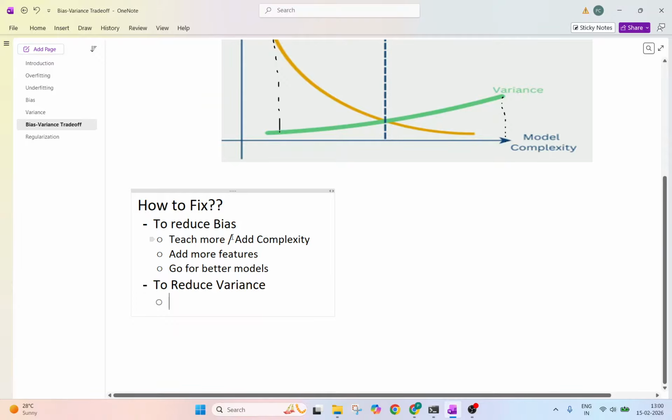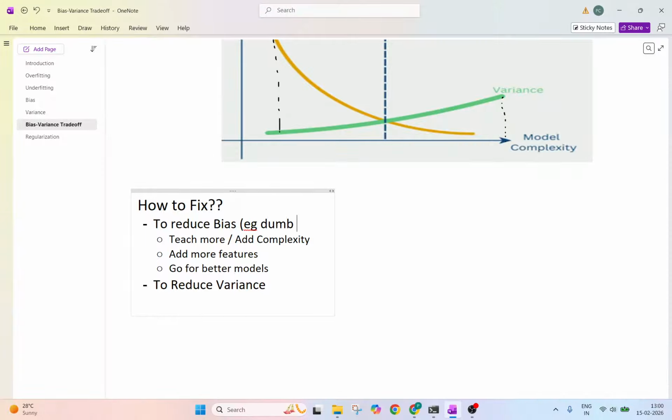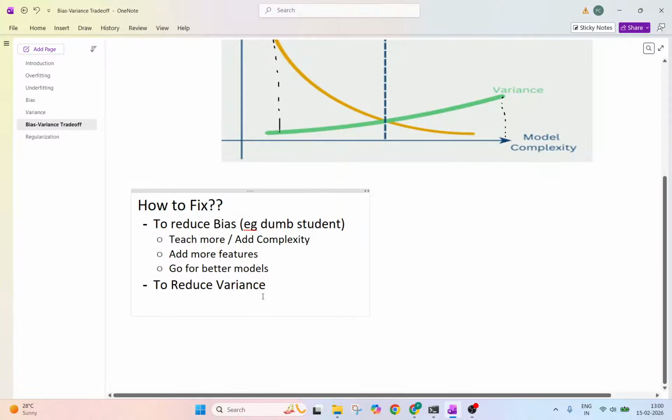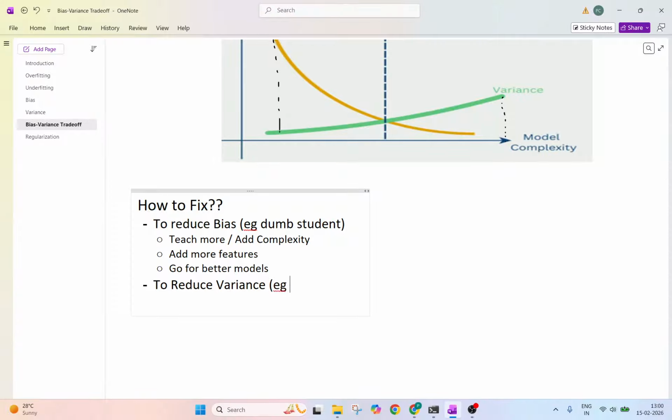So bias is an example of a dumb student, while variance is an example of a student who memorizes too much.